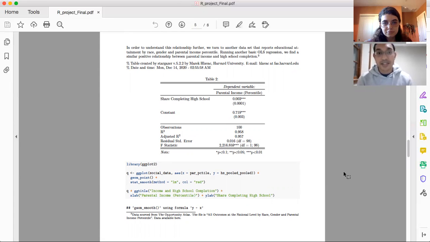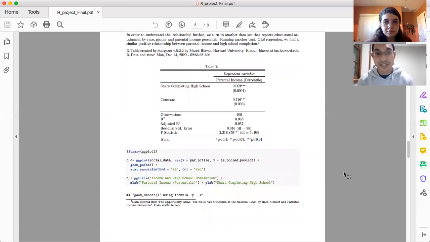This second data set divides families up into 100 cohorts or percentiles by the average parental income, and then reports the children's high school completion rate for each of the 100 groups.